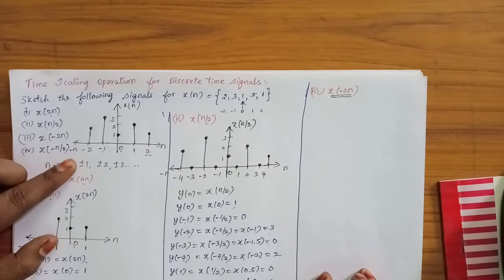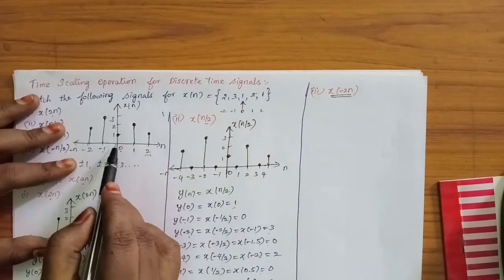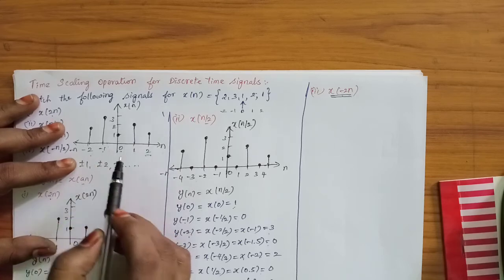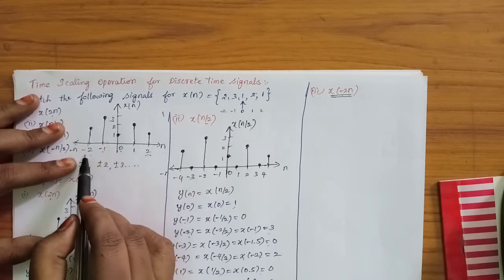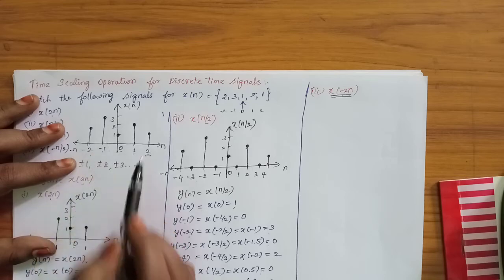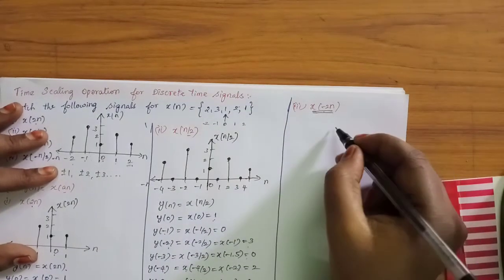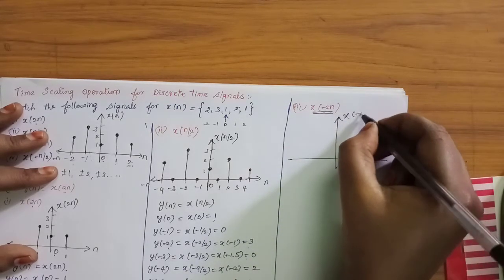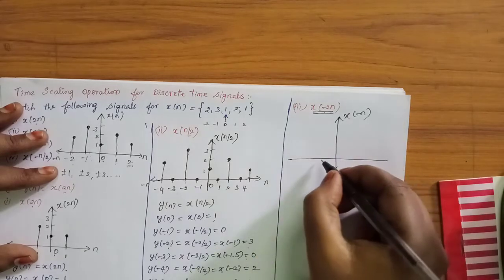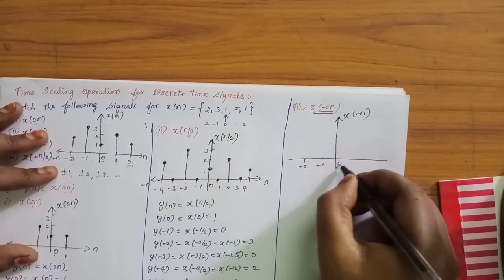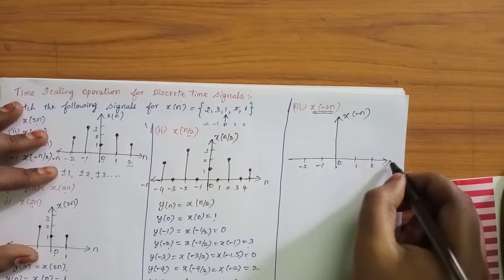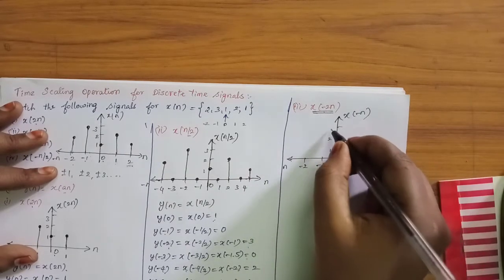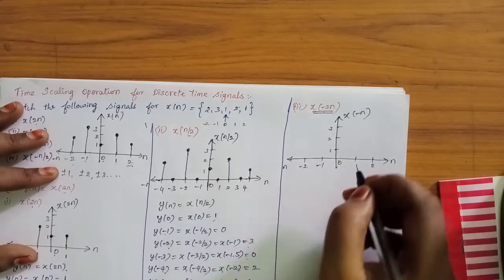So this is x of n, and we know that the signal present at 1 and 2 will get shifted to minus 1 and minus 2 respectively, and the signal present at minus 1 and minus 2 will move to 1 and 2 respectively. Okay, so we can draw x of minus n as follows.